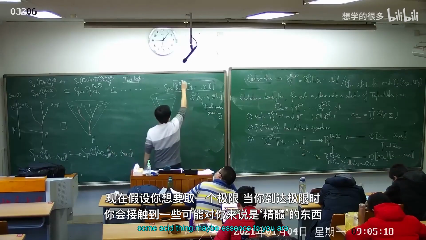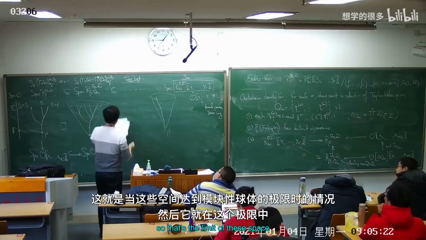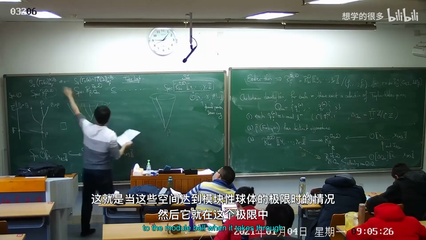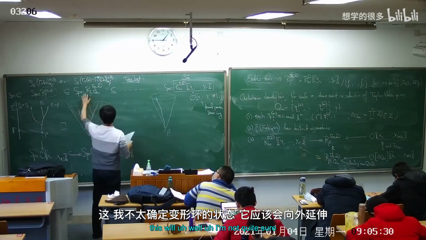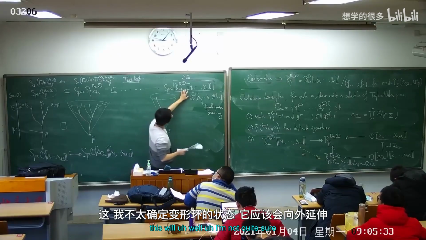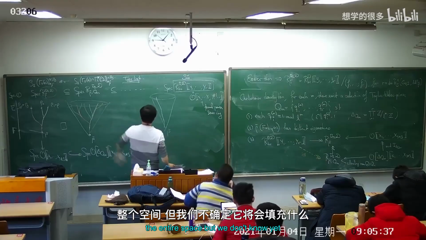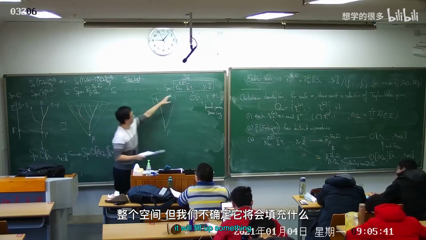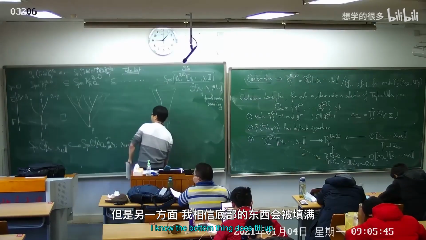In the limit you get to some S infinity, the limit of these spaces of modular forms. And then in the limit, I'm not quite sure about the deformation ring. Suppose it's going to fill up the entire space, but we don't know yet. It will fill up something. But on the other hand, I know the bottom thing does fill up.